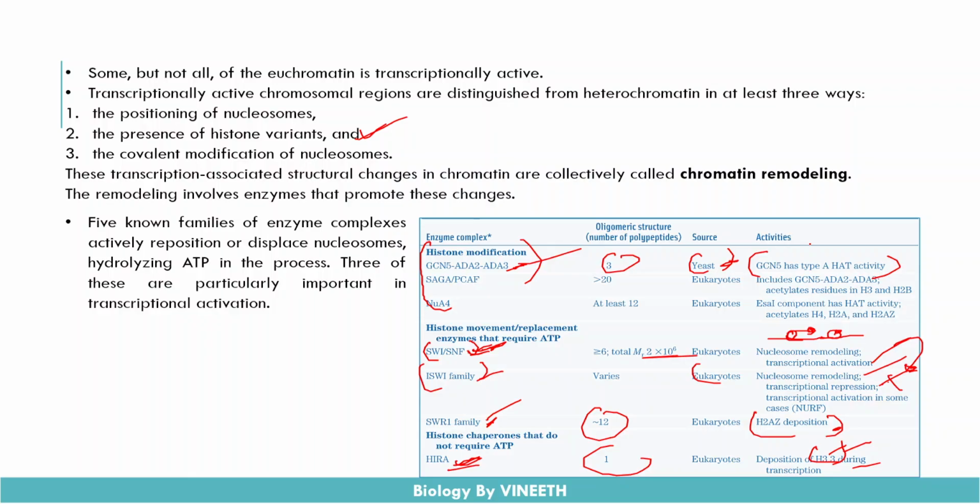So these are the major things about heterochromatin and euchromatin. Just remember, heterochromatin is mainly maintained by methylation. A lot of methyltransferases transfer methyl groups onto the histone proteins, specifically lysine amino acids. This marks the heterochromatin state.